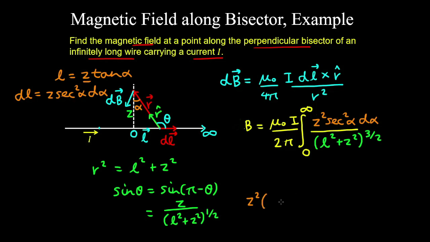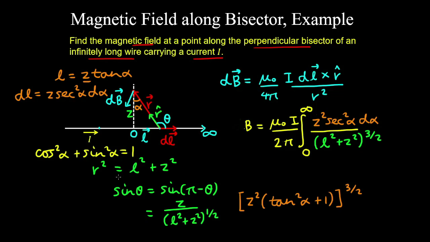So we have tan squared alpha plus 1, raised to the power of 3 on 2. And by the following trig identity, cosine squared alpha plus sine squared alpha is equal to 1. If you divide by cosine squared alpha, you get 1 plus tan squared alpha is sec squared alpha.